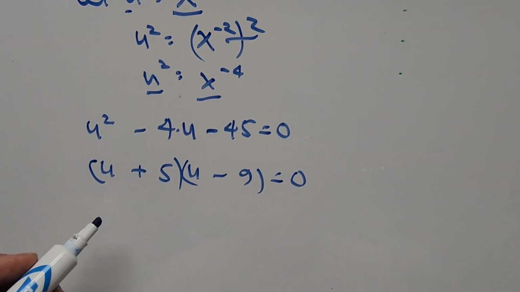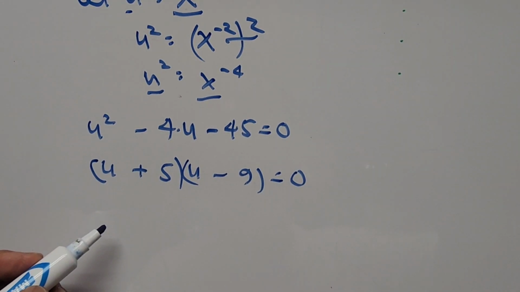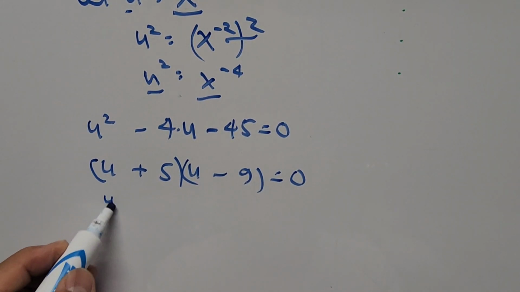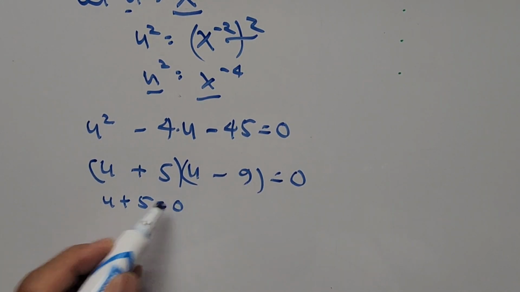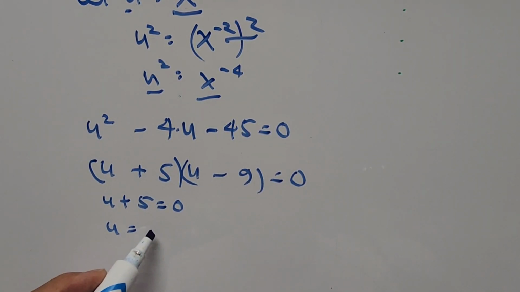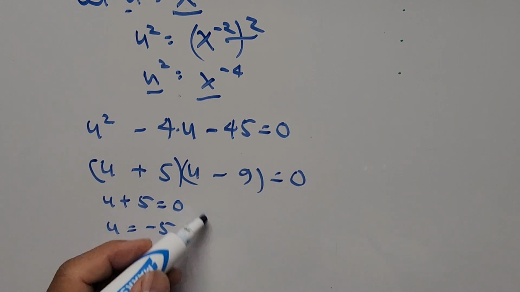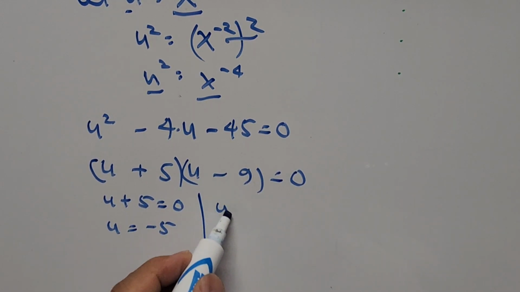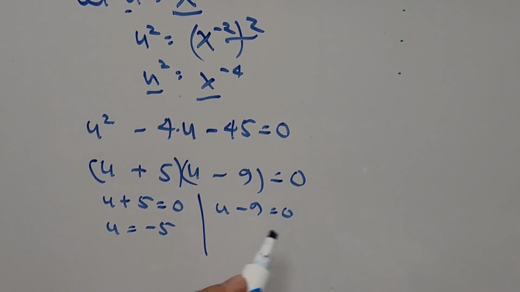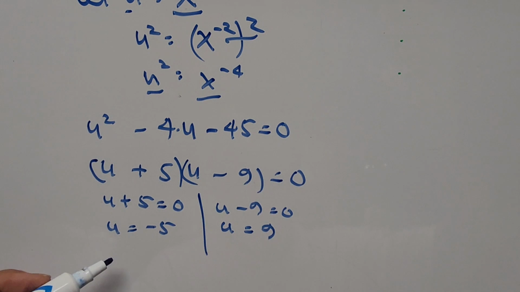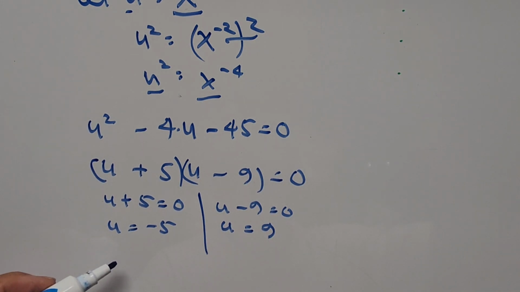Now, equating these factors to 0, we have u plus 5 equals 0, so u is equal to negative 5. And on the other side, we have u minus 9 equals 0, so u is 9. Let's recall that u is a substituted variable in terms of x to the negative 2.